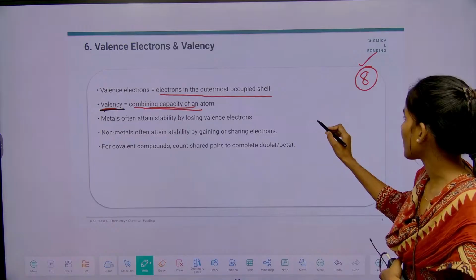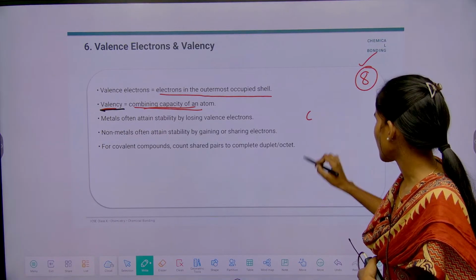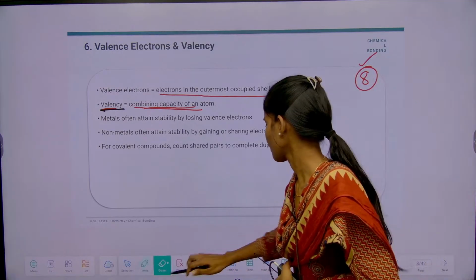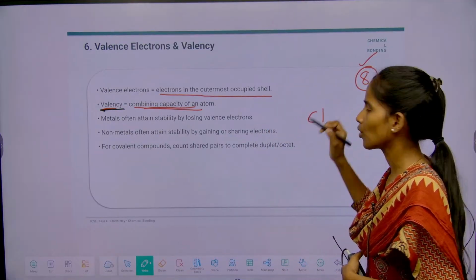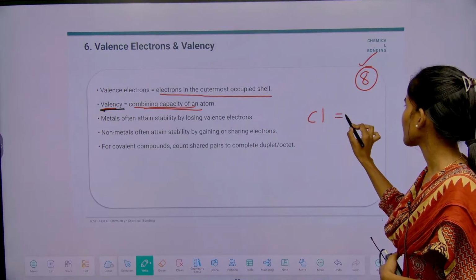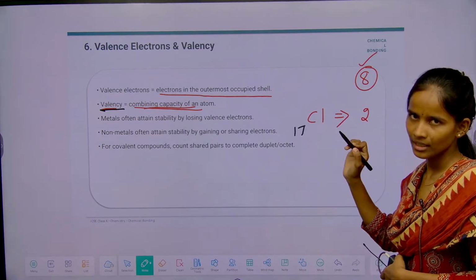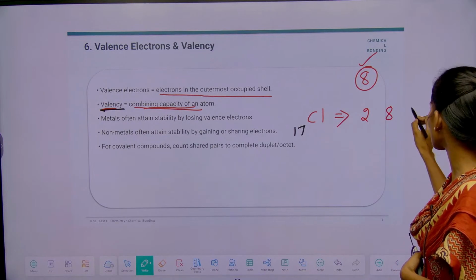For example, let us take chlorine. What is the electronic configuration of chlorine? Its atomic number is 17, so 2, 8, and 7.